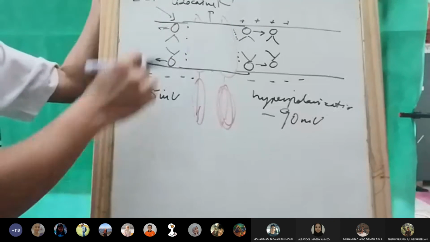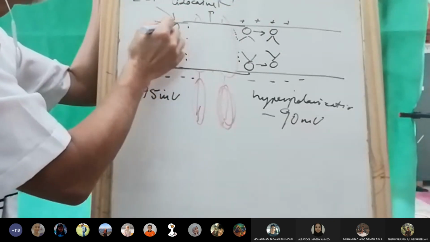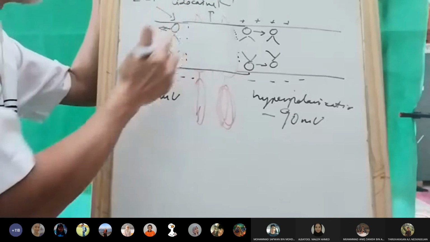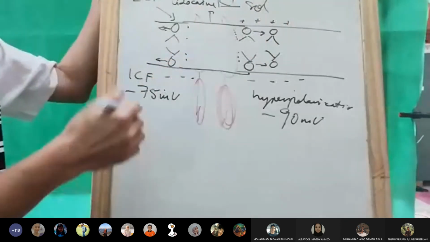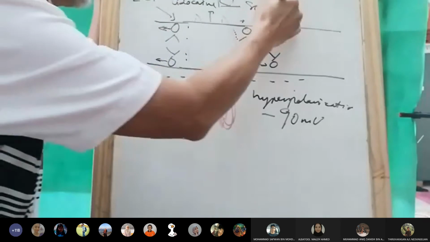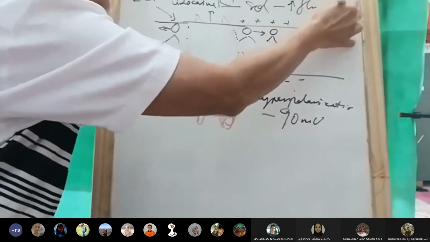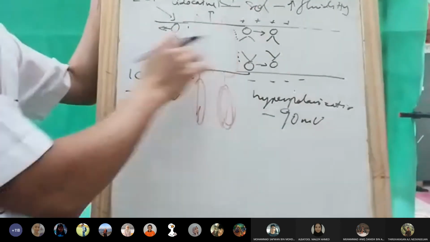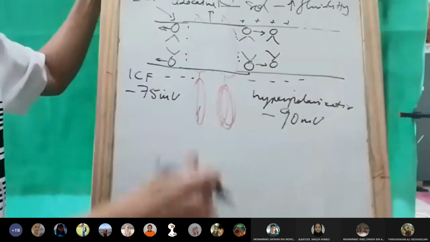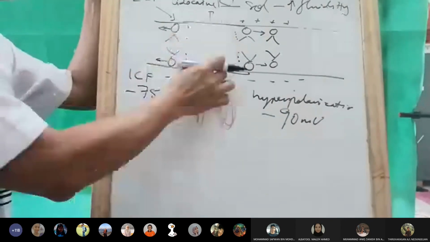Because when you give lidocaine or procaine, it increases the fluidity of the cell membrane, so the phospholipid becomes very fluid. The molecules of the phospholipid start to move around very easily, so it doesn't hold the protein onto its plane.